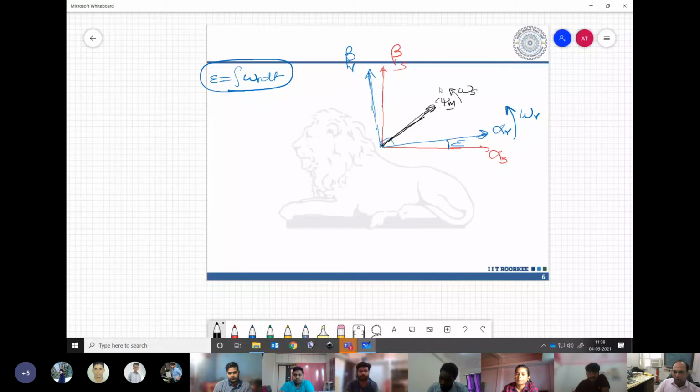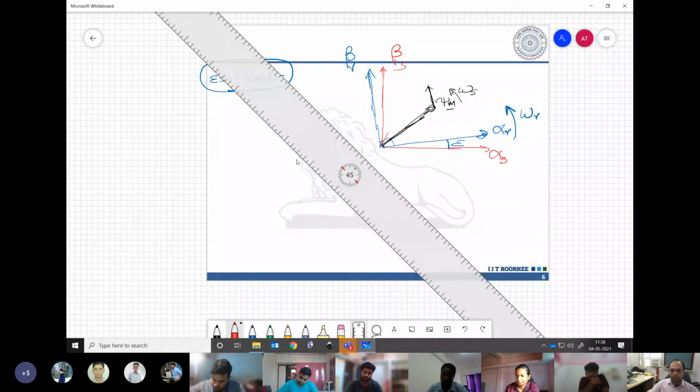Fine. Now I have my stator flux. So some component is added and it is represented like this. Okay, a little difficult to draw in this. Maybe I'll use the scale.